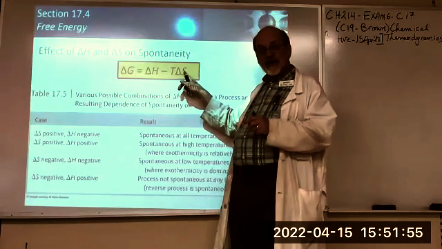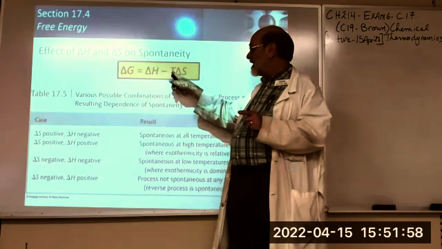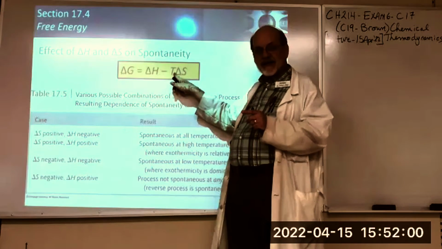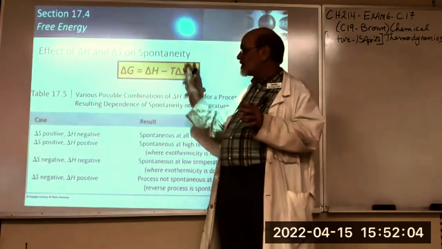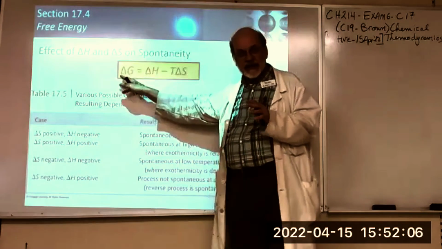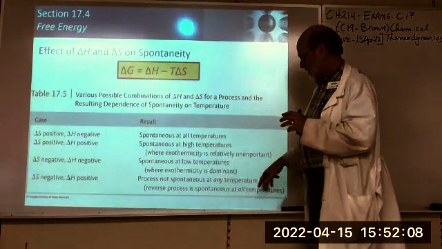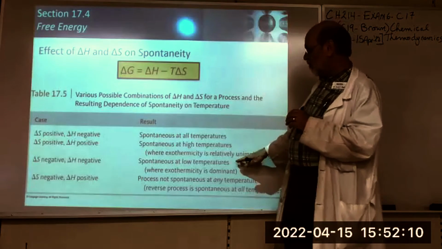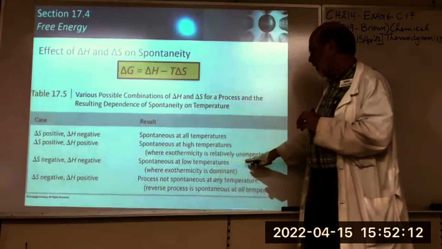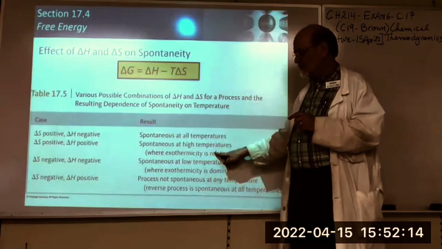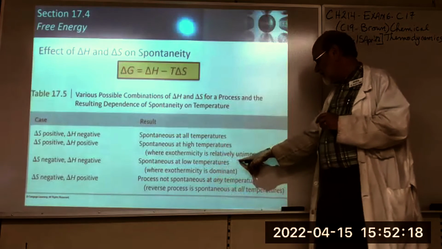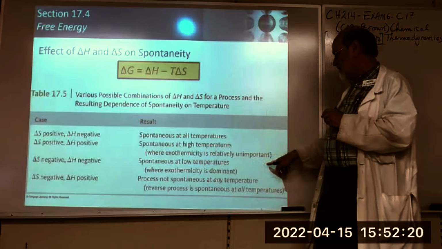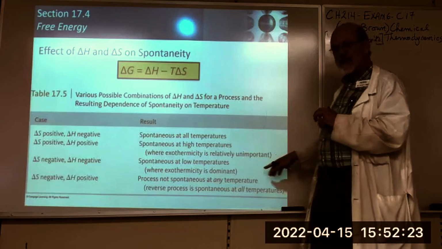But this one will win only if T is very high, because it makes this term very large, and that gives you a negative delta G. So this one, where both are positive, is only spontaneous at high temperature, where exothermicity is unimportant.